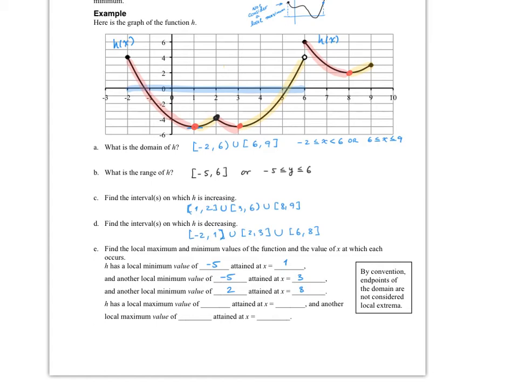And then for the maximum, you have a maximum right here, which is -4, and that happens when x is equal to 2. And then it looks like you may have another maximum here, or here, or here, but remember you cannot use the endpoints, so therefore you don't have any more maximums. That's it.